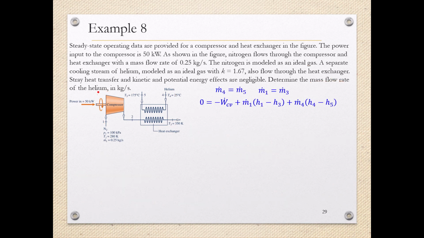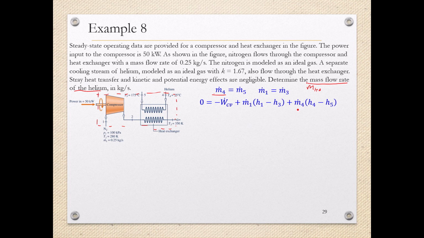And we have our boundary. Okay, so we've got our boundary around our system, and we're trying to find the mass flow of helium, right? That's what we're trying to find, and that will be 4 or 5. So we're going to try to solve for m4.